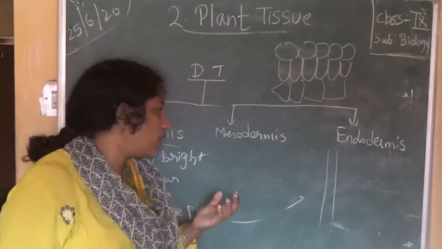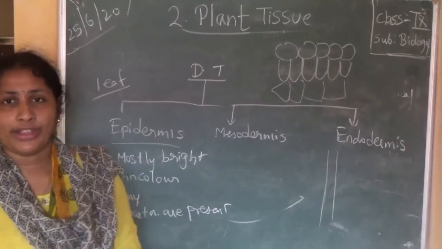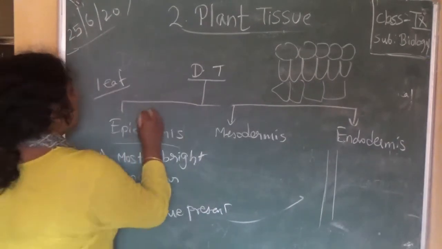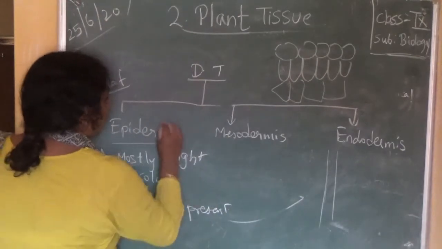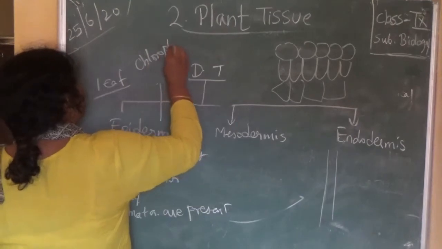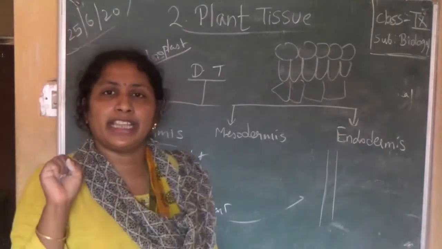It is bright in color because the upper surface is the epidermis. Why is it bright in color? Because the epidermis has chloroplast. What do we have in this epidermis? Mostly chloroplast. So what is the chloroplast doing? It is absorbing the light energy.